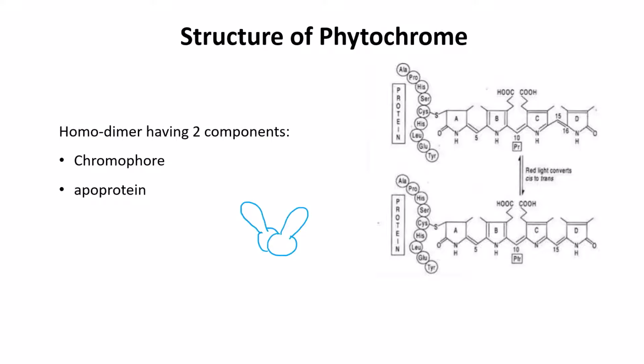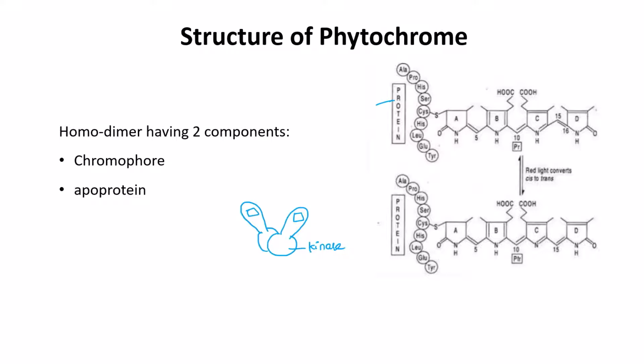Here you can see in this picture, this is the protein or kinase, that is covalently bonded to a non-protein part called the chromophore. This is the chromophore portion, and this is the light absorbing part of phytochrome.